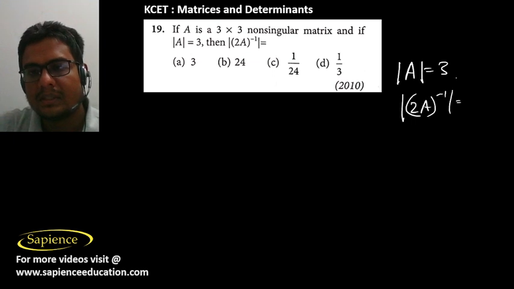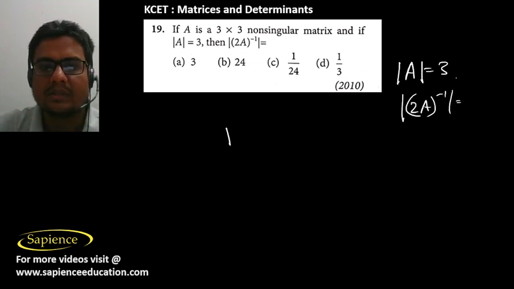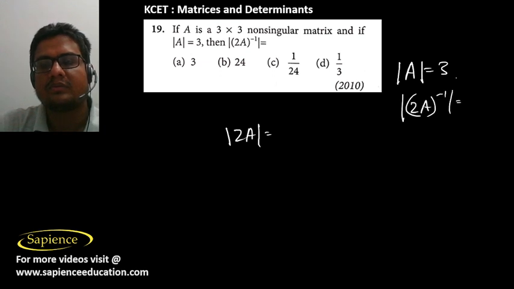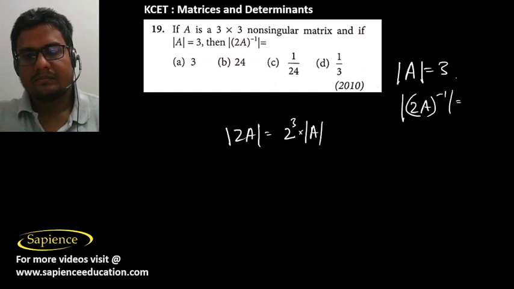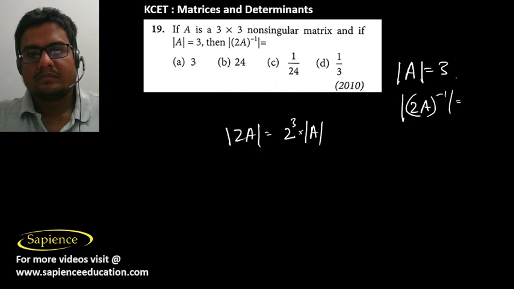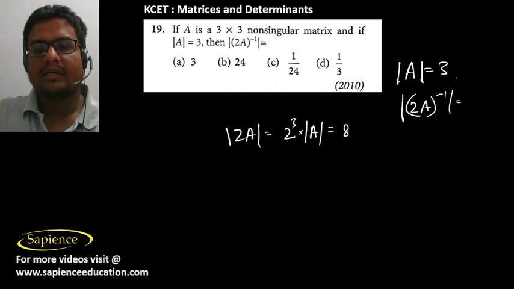So the determinant of A is 3. So the determinant of 2A will be equal to 2 power 3 into the determinant of A. So that will be equal to 8 into 3.